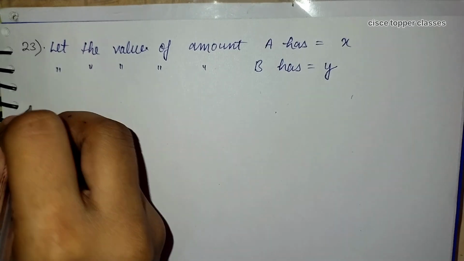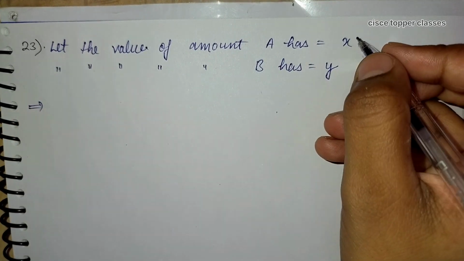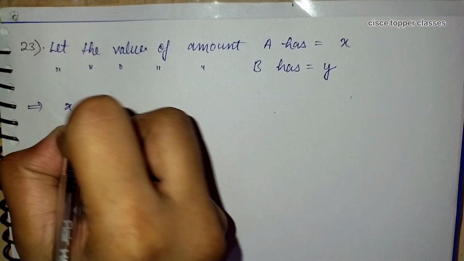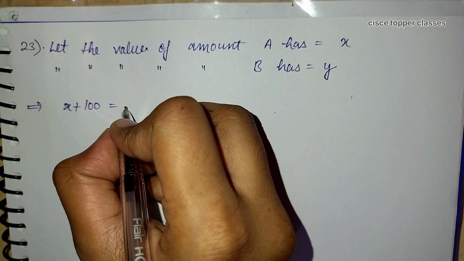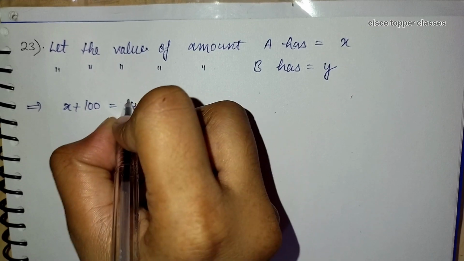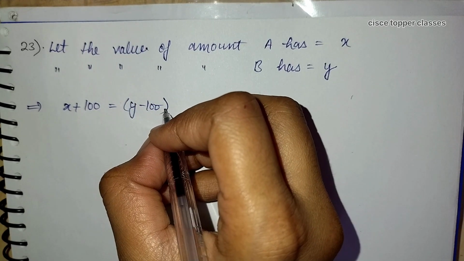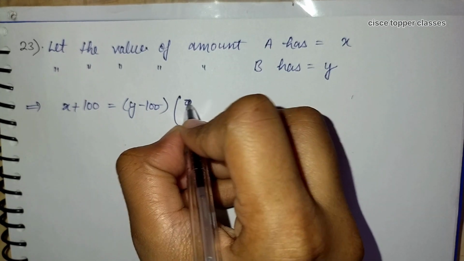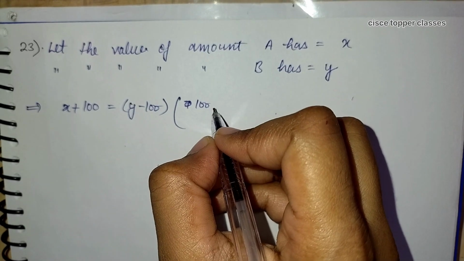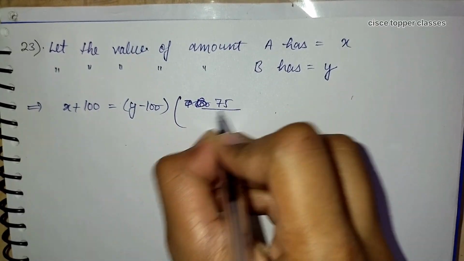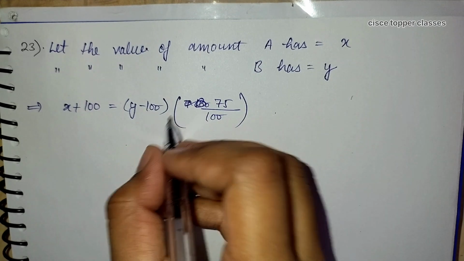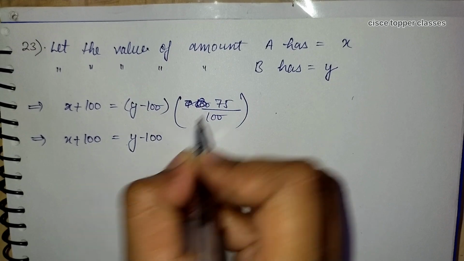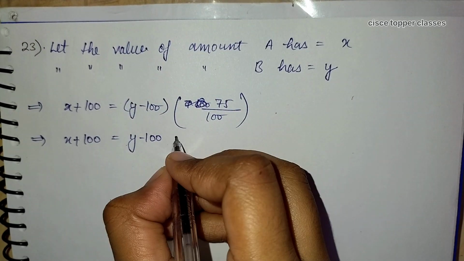If you give me rupees 100, means B will give to A, so it will be X plus 100, and here it will be Y minus 100, which amounts to 75% of the money left with B. So X plus 100 equal to Y minus 100 into 75 divided by 100, which is 3 divided by 4.